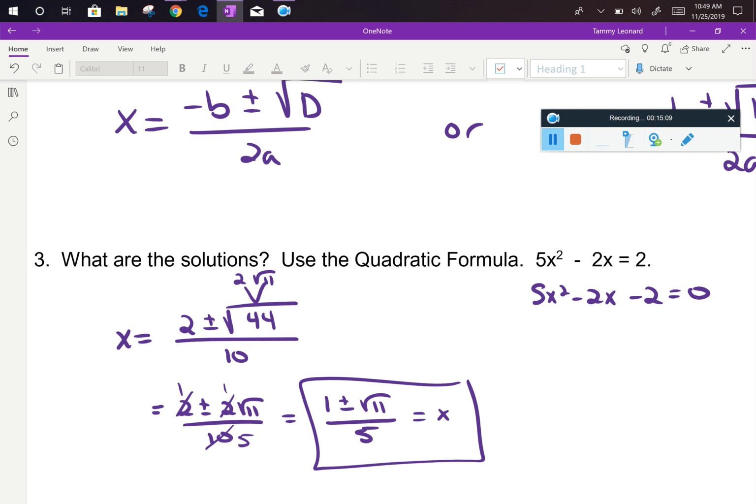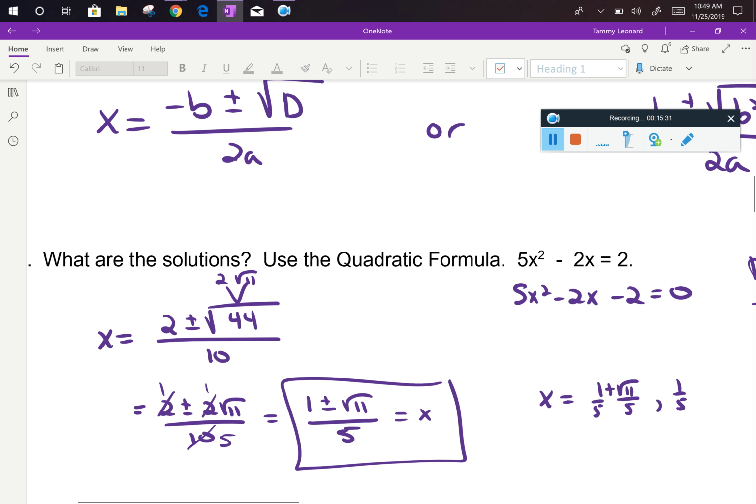Now, I am perfectly happy with you leaving your answer in this compact format. But if you tend not to remember that that's two answers, then it might be a good idea for you to be in the habit of writing the two answers. And you also need to know that the way your book is going to write it is, I think, 1/5 plus root 11 over 5, and then 1/5 minus root 11 over 5.